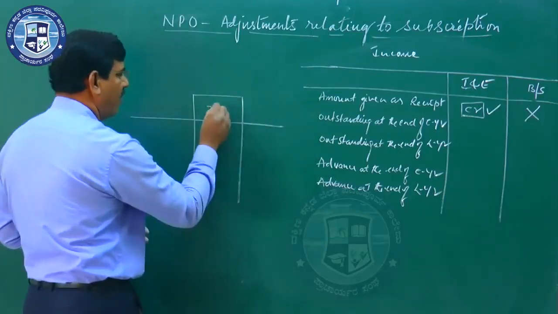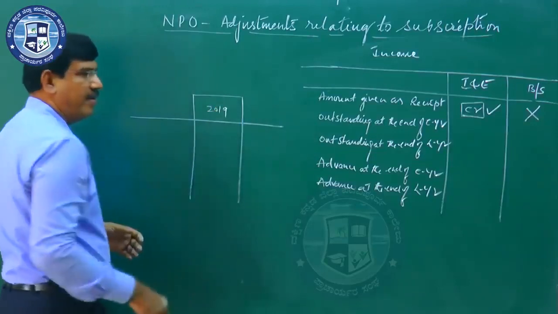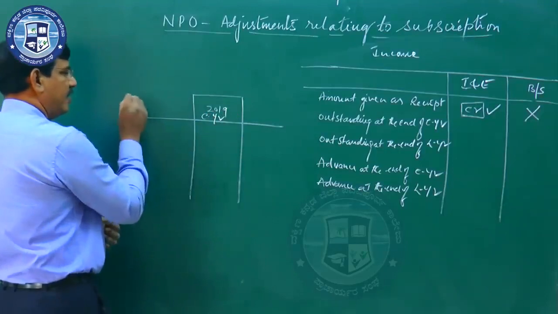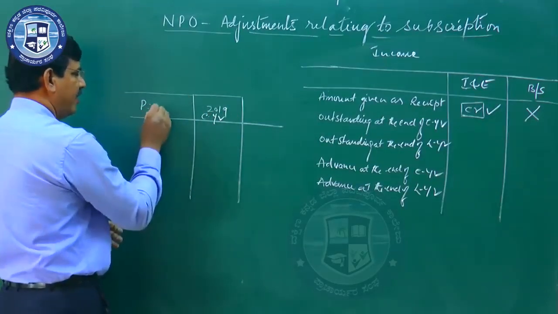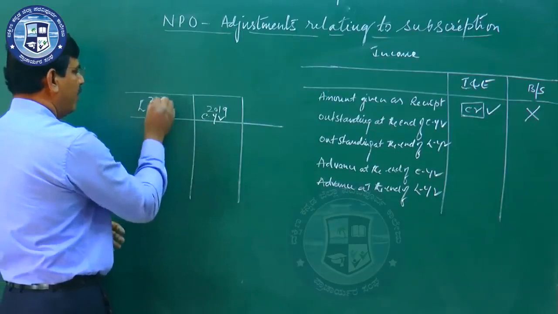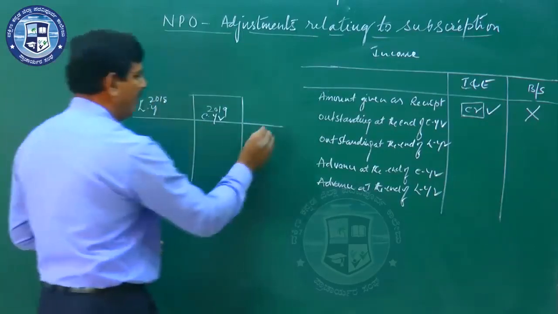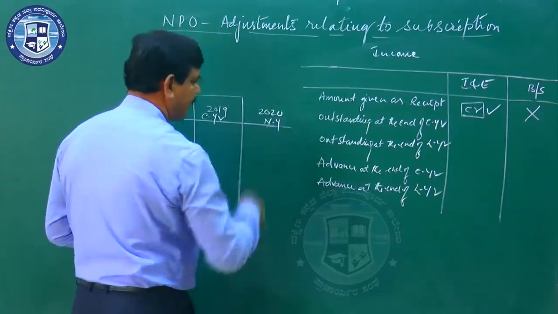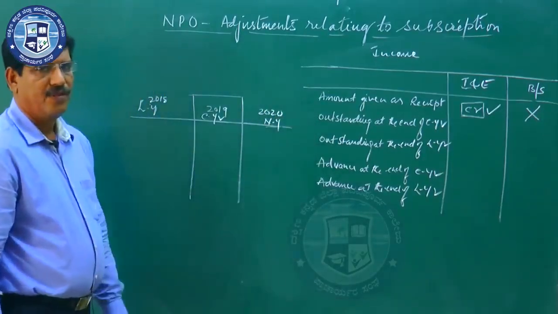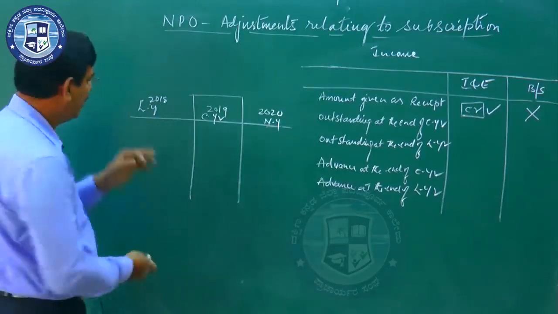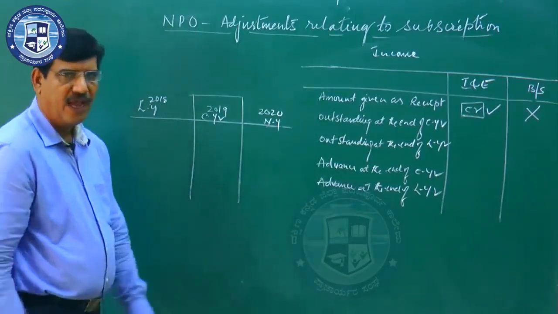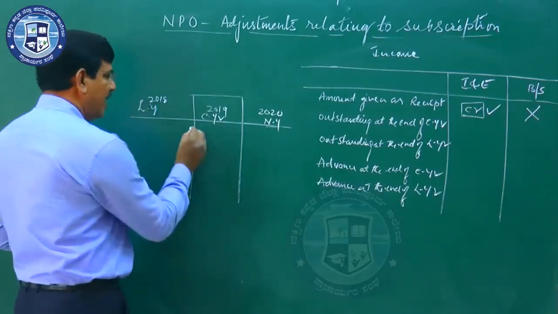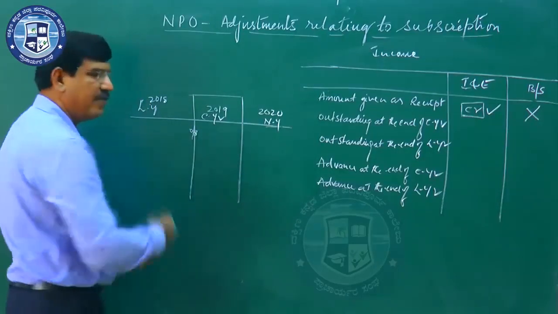This is the year 2019 and let's call it as current year. This is the previous year or last year, I call it as 2018, and this is the next year 2020. So whatever the outstanding you have relating to the previous year, I'll consider it as the outstanding item at the end of the year.